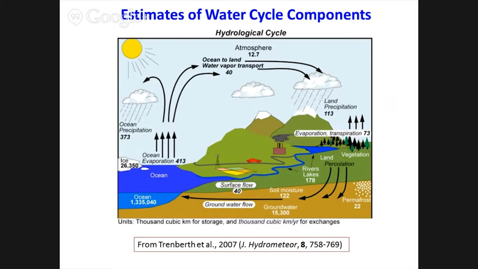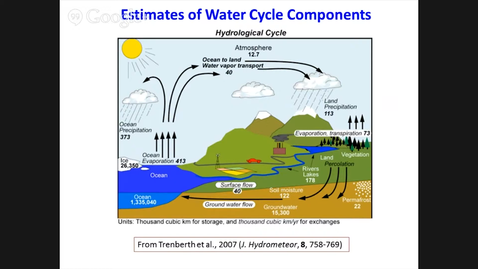A few numbers to see here: ocean evaporation is about 400 thousand cubic kilometers per year, and a lot of it just falls back as precipitation over the oceans, but a lot of it, about 40 thousand cubic kilometers per year, is transported overland, and there is also evapotranspiration occurring, about 73 units here.